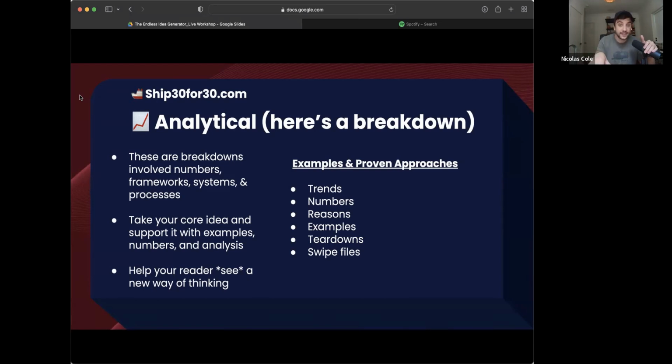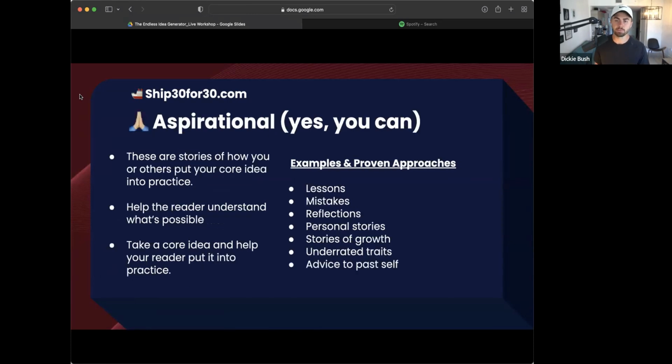We did an analysis on our writing. And these are some of the most helpful ones that once you've done a lot of work, you can do a postmortem and say, hey, I did X, Y, and Z. Here's some things I learned, right? Trends, numbers, reasons, examples of what worked, teardowns, breaking down something, a swipe file with tons of examples. So a lot on the analytical side. And we'll show you after how to combine analytical with a couple of the other proven approaches that is really helpful.